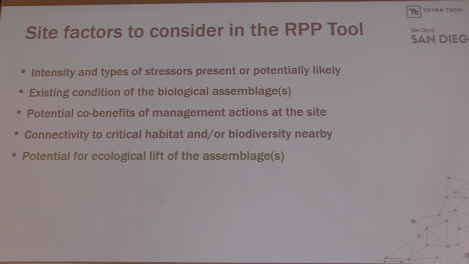Again, potential co-benefits and connectivity. This last one, in green, is potential for ecological lift. That's really what we're trying to get after here: the potential that we can actually realize some real improvement or benefit, or maintenance of good quality, at a given site.